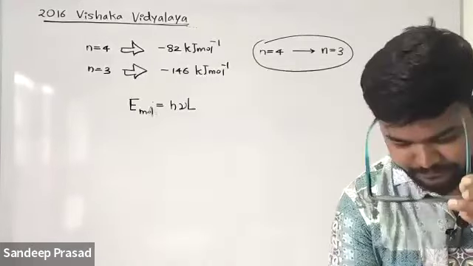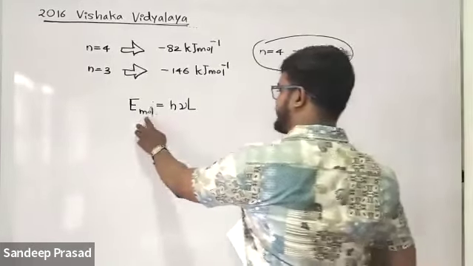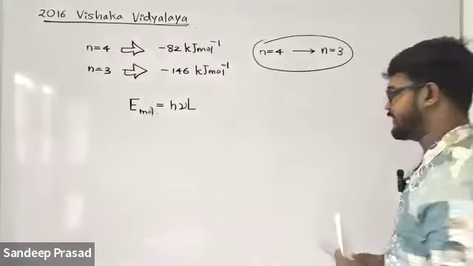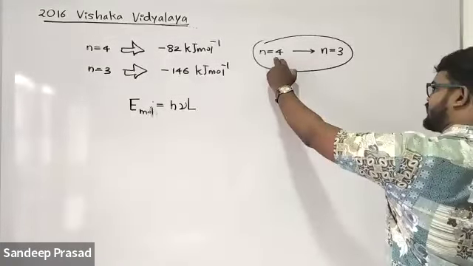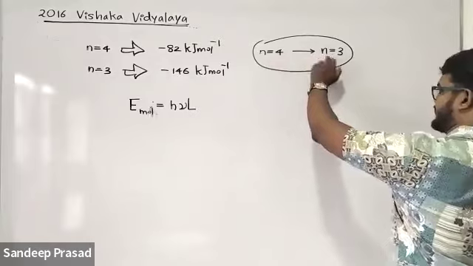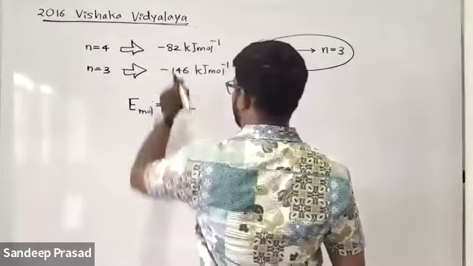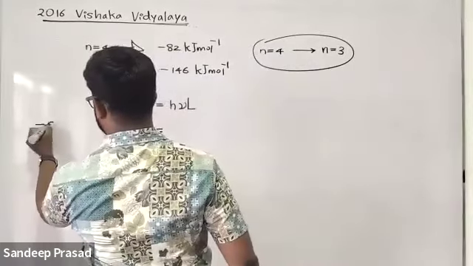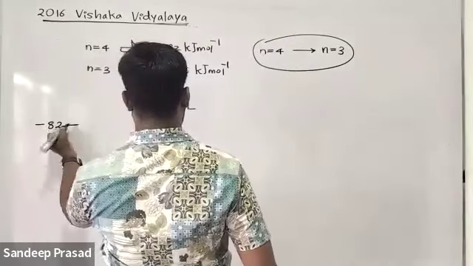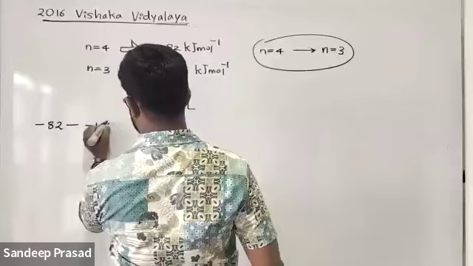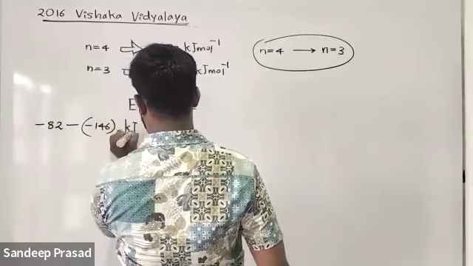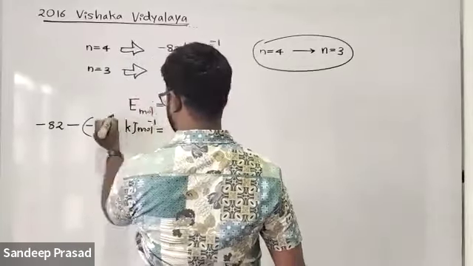Now, what is the energy that we have to put? The electron is moving from n equal 4 to n equal 3, so let's take the gap between energies: minus 82 minus minus 146 kilojoules per mole, with the unit.